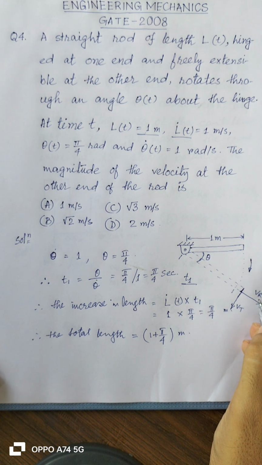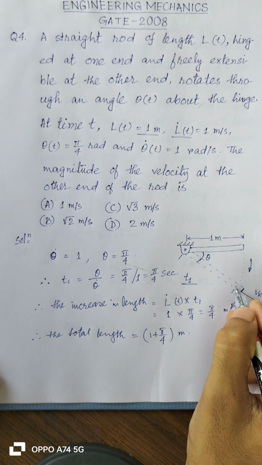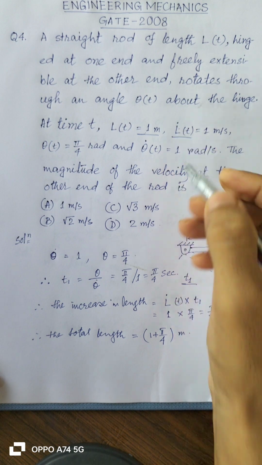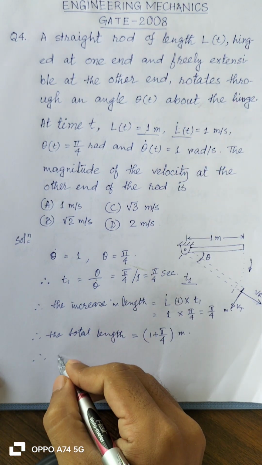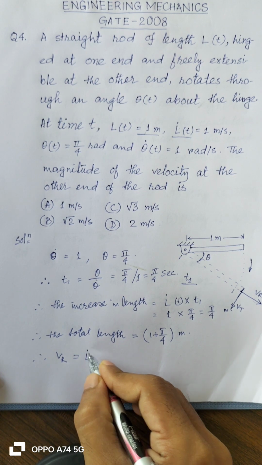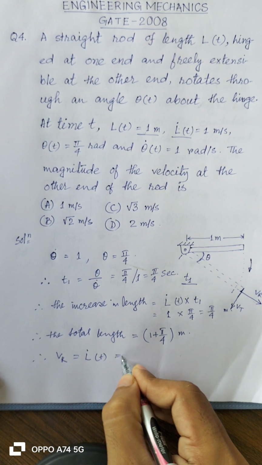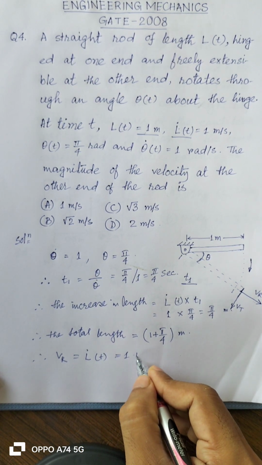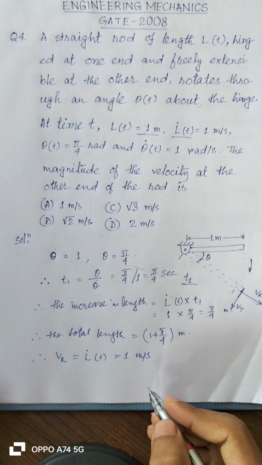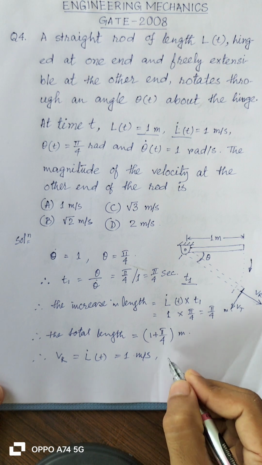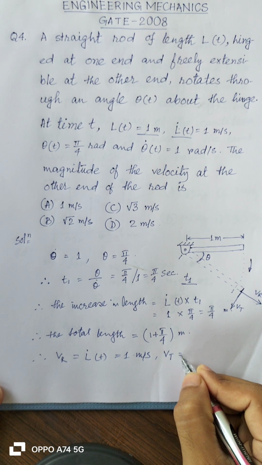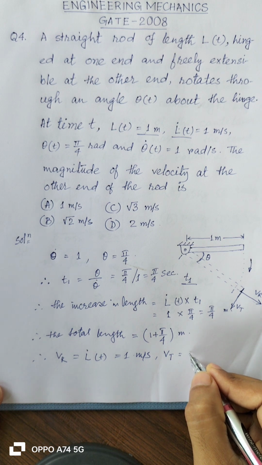So VR is radially outward, so VR is equal to L dot t, that is equal to 1 meter per second, and this VT, tangential velocity, VT will be equal to R omega.